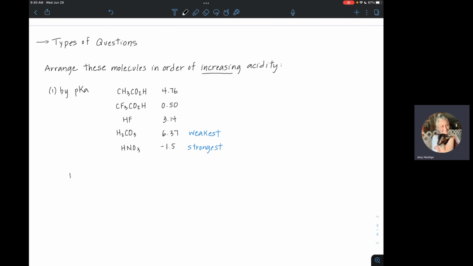So carbonic acid is the weakest. And if that's the weakest, we draw a little less than symbol. That means that carbonic acid is weaker than the next strongest acid, which would be the next highest pKa. That's acetic acid.